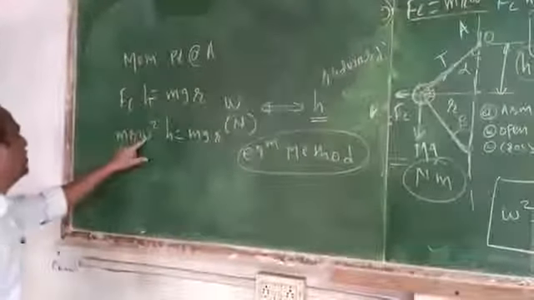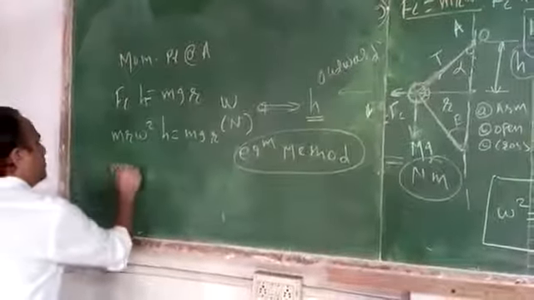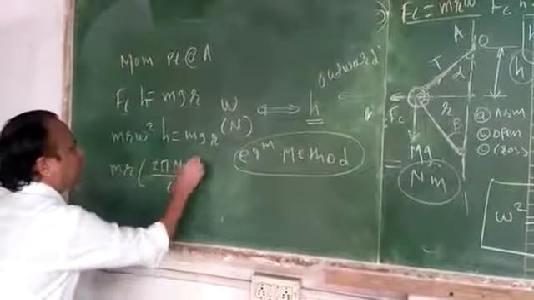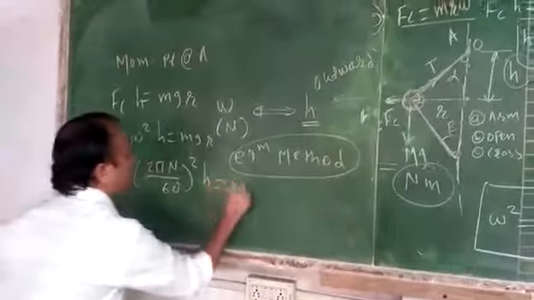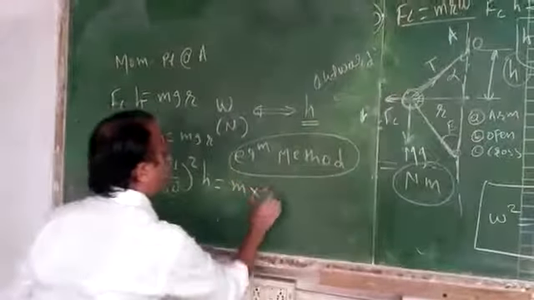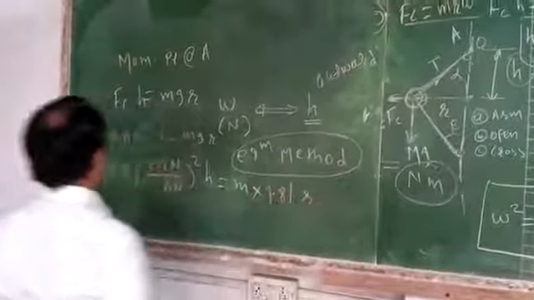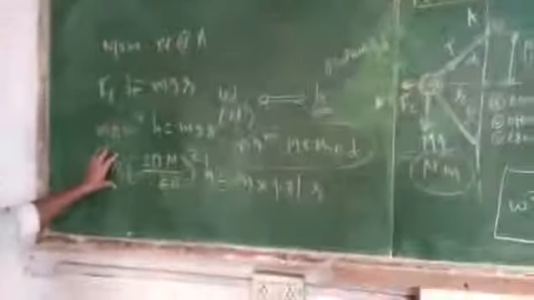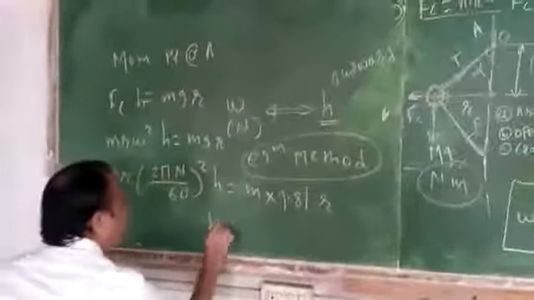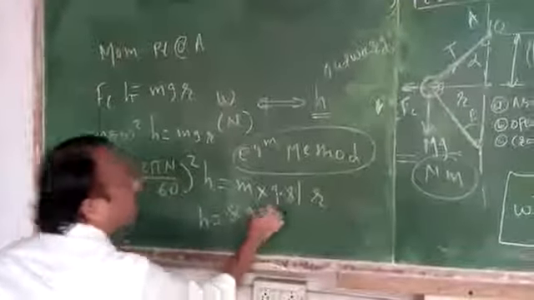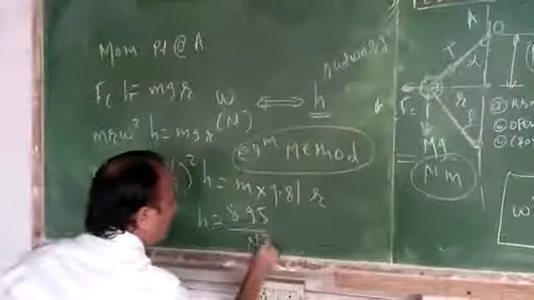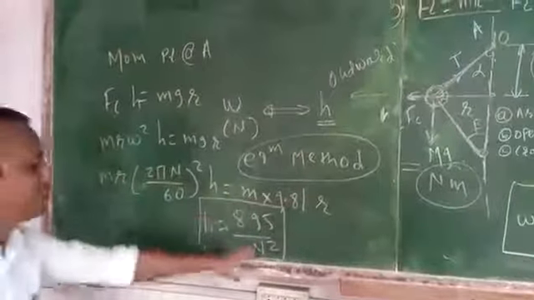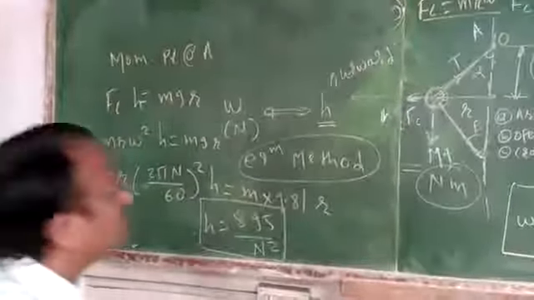So omega is 2 pi N by 60, h, m. Value of g I will put as 9.81, r. So by simplifying this expression, I will get h is equal to 895 by N square. 895 by N square.